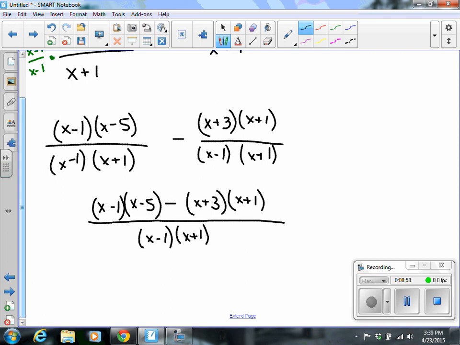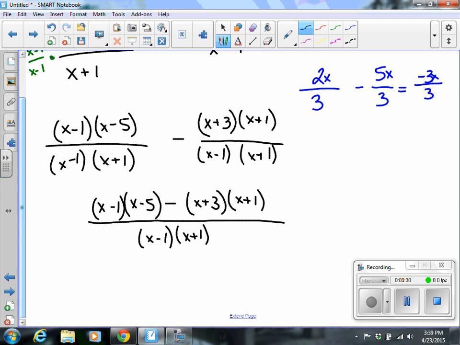Now, you're not done. I know you think you probably should be, but you aren't. The reason why is because when we were going with the like denominators, we combined our like terms. So remember, if I had, for instance, 2x over 3 minus 5x over 3, I combine my like terms, so I would have negative 3x over 3.